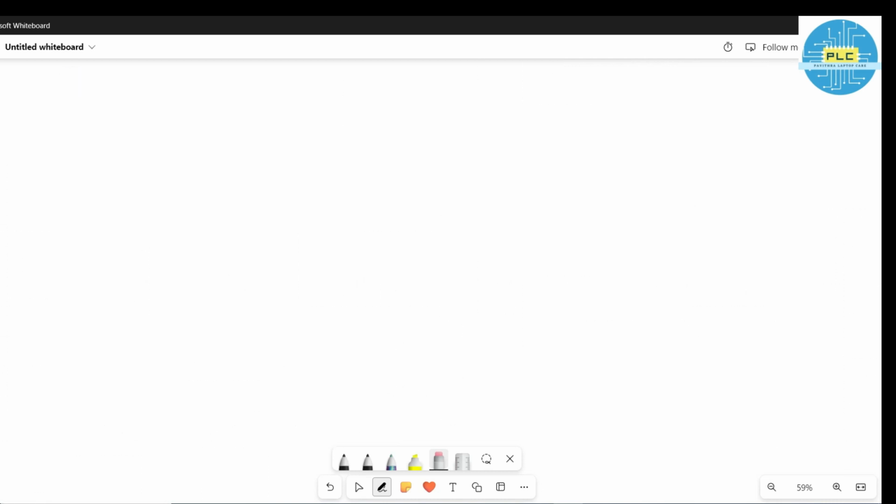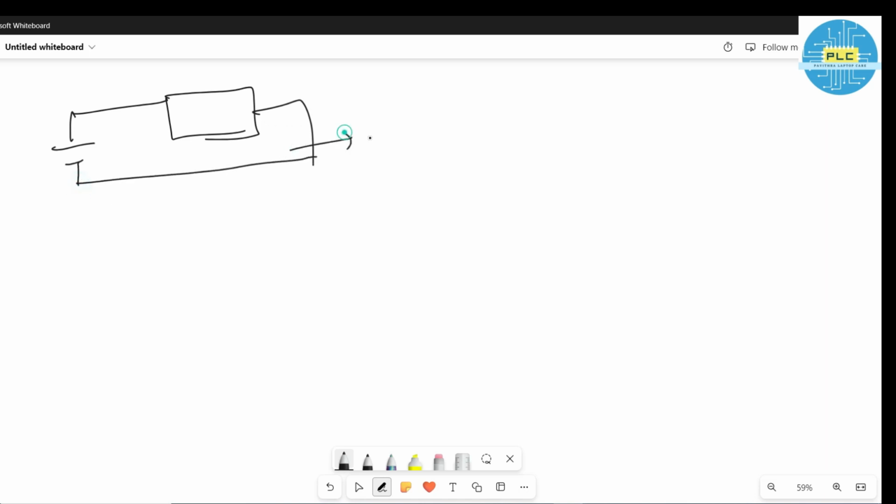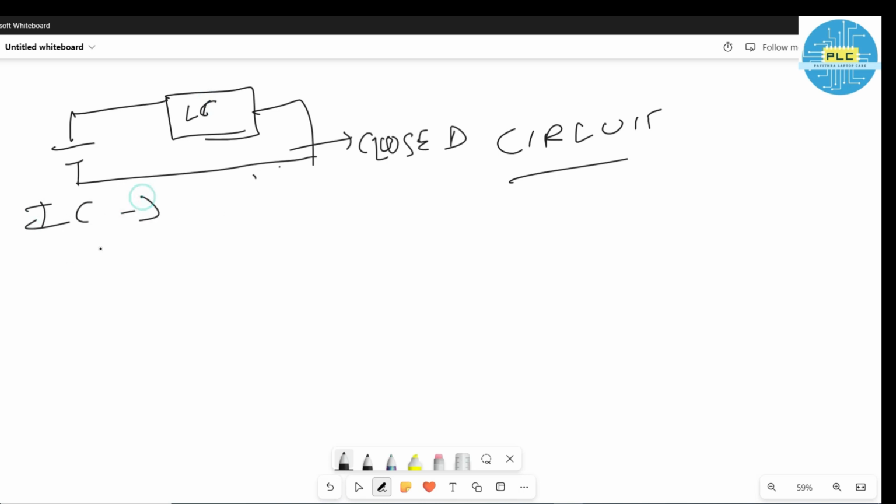In this class itself you can learn how the whole laptop works. Now you come to know the load circuit, the closed circuit. If the load is an IC, there will be multiple ICs.